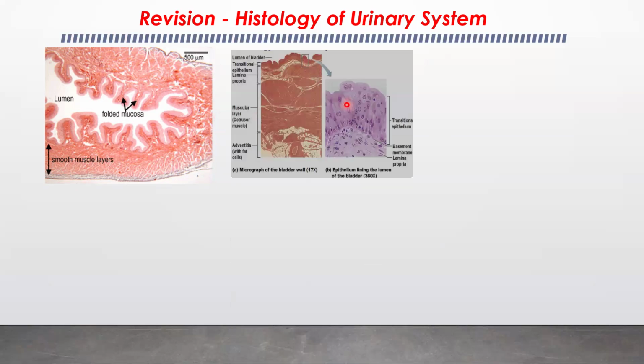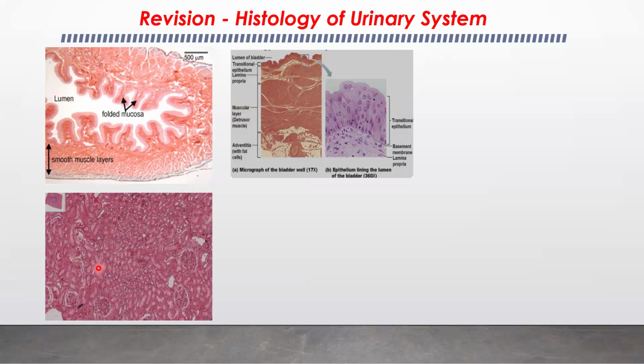Then the image on our right is showing us a higher magnification of the bladder. So this is the transitional epithelium, the lumen of the bladder, then the muscular component with the three parts. Then you have the adventitia and the serosa. Then this image is just showing us the transitional epithelium.